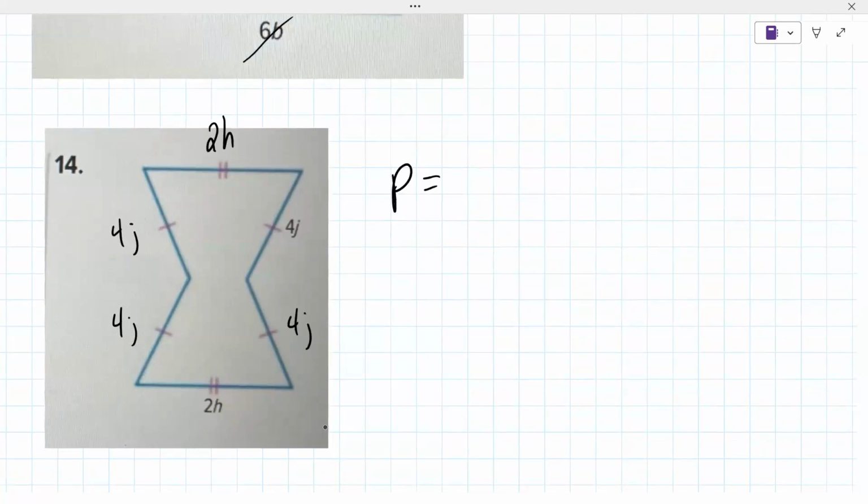Could you calculate the perimeter for us, please? 4h plus 16j. Got it.